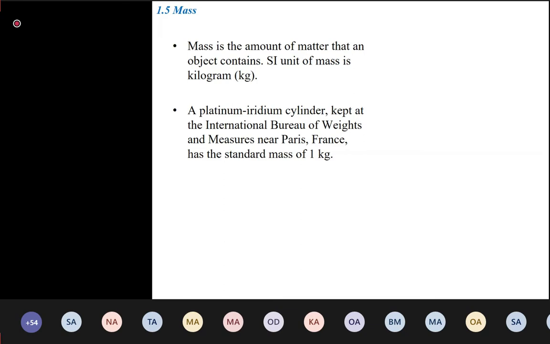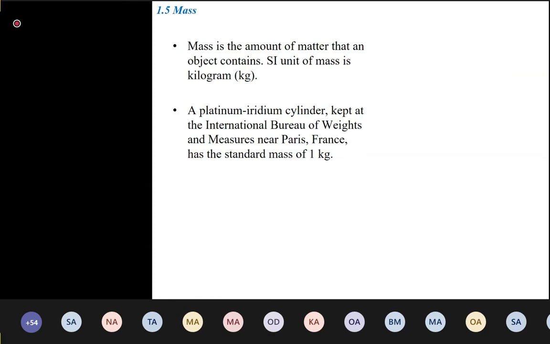These are two different things. Weight is a force, and we will learn later how weight is different from mass. When you have mass, you multiply it with gravity, which is 9.8 meter per second square. So the weight is actually the force that the earth applies on us, the gravitational force. And the mass is another thing, the amount of matter in an object.